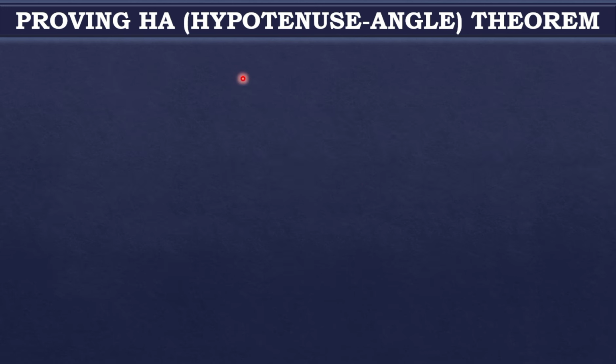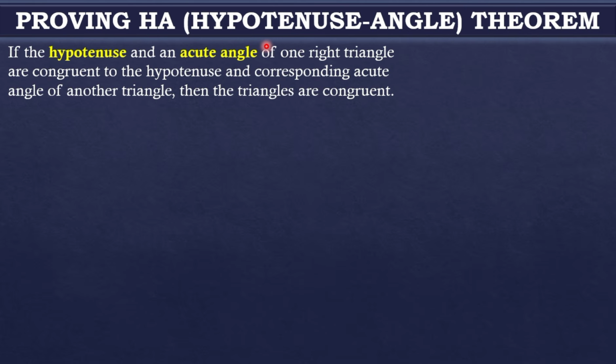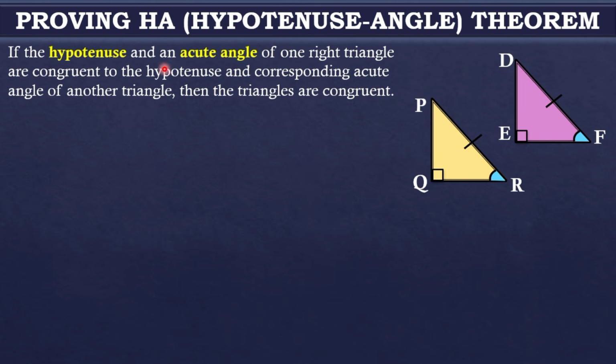Next, let us prove the hypotenuse-angle theorem. So, HA theorem. So, ito naman po yung if the hypotenuse, ito yung hypotenuse, and the acute angle of one right triangle are congruent to the hypotenuse and corresponding acute angle of another triangle, then the triangles are congruent. So, given naman dito yung hypotenuse and yung acute angle natin.